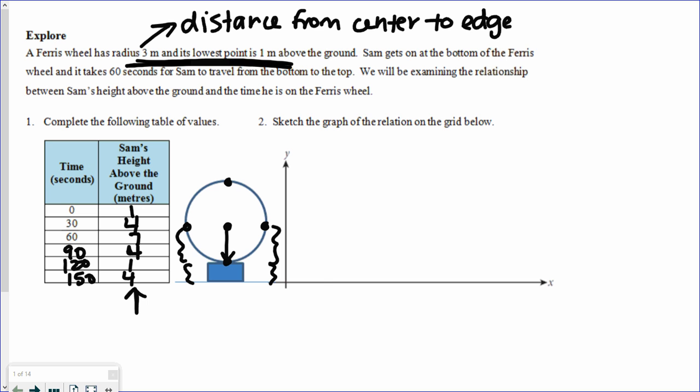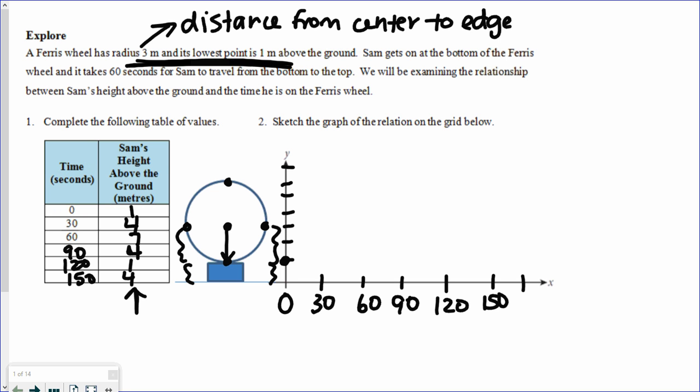So looking at the graph, you're going to do a better job sketching this out. At time 0, he is 1 meter from the ground. Counting 2, 3, 4, 5, 6, 7 up the vertical axis, and 30, 60, 90, 120, 150 along the horizontal axis.